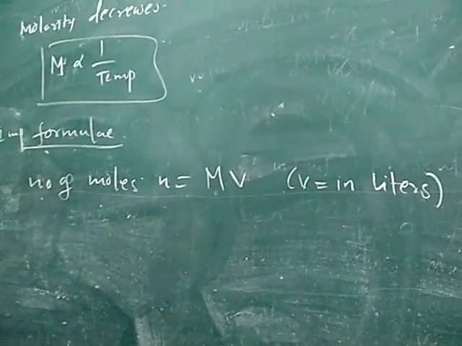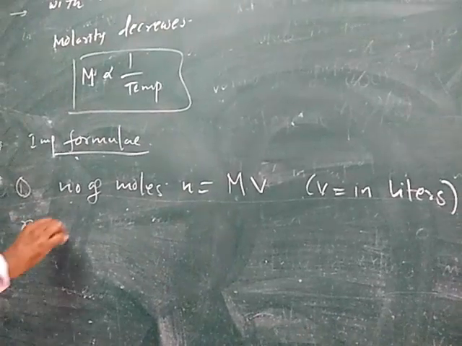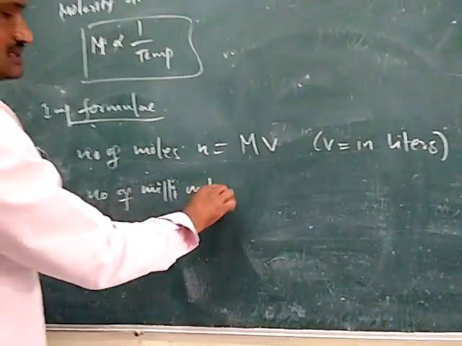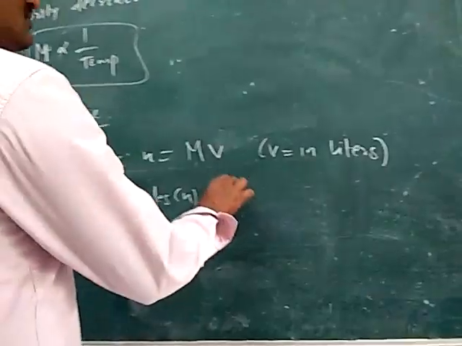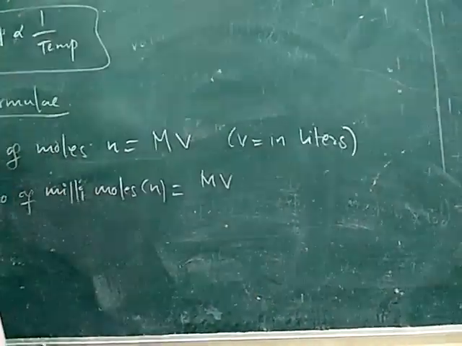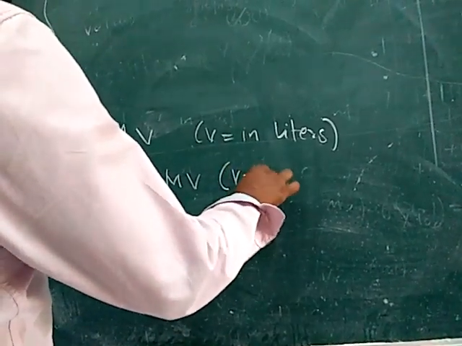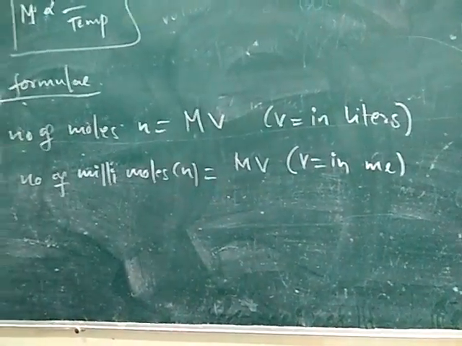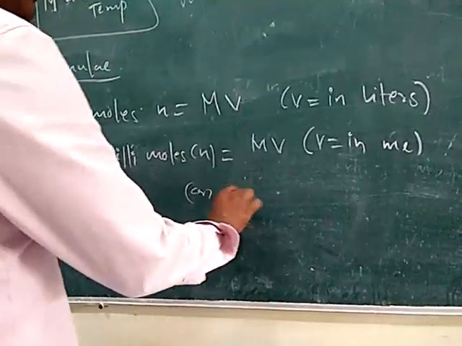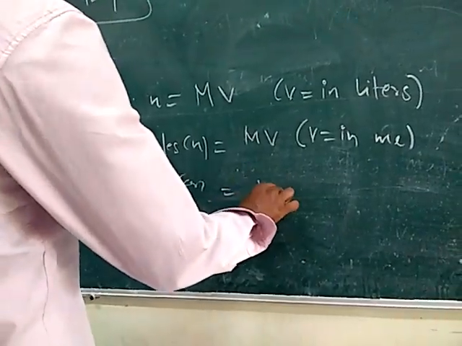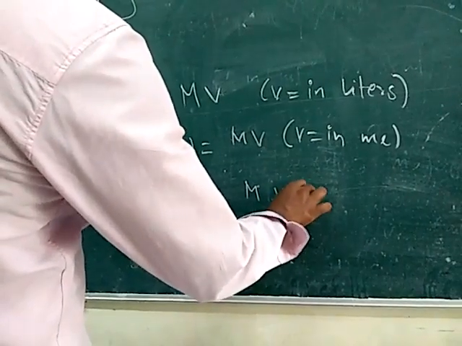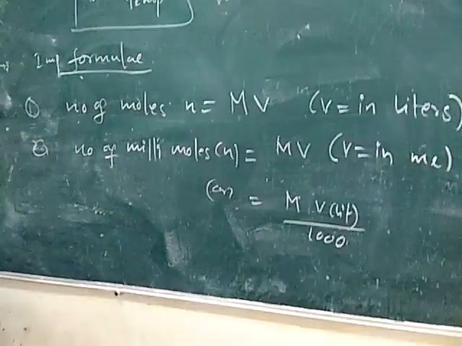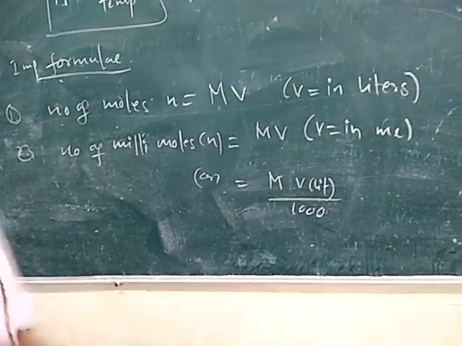Number of millimoles equals M into V, with volume in milliliters. If volume is in liters, then number of millimoles equals molarity into volume by 1000.